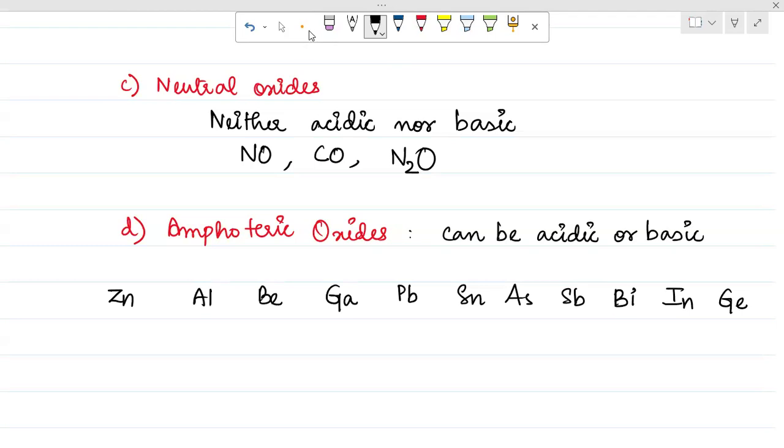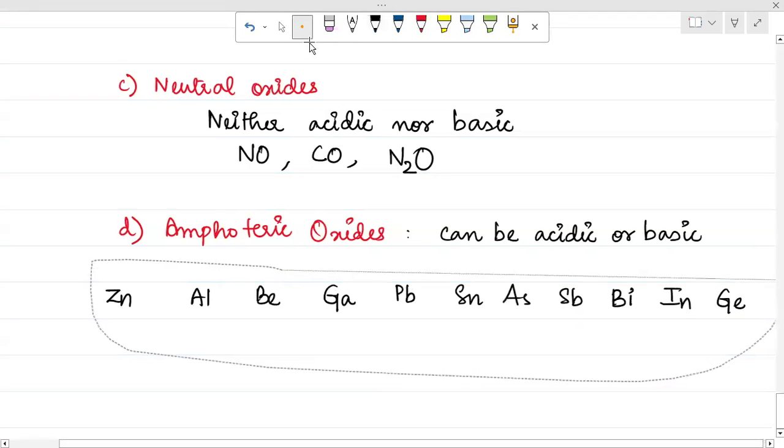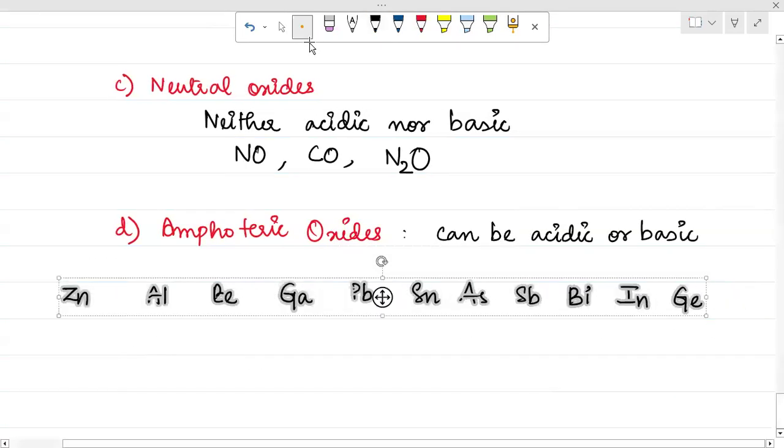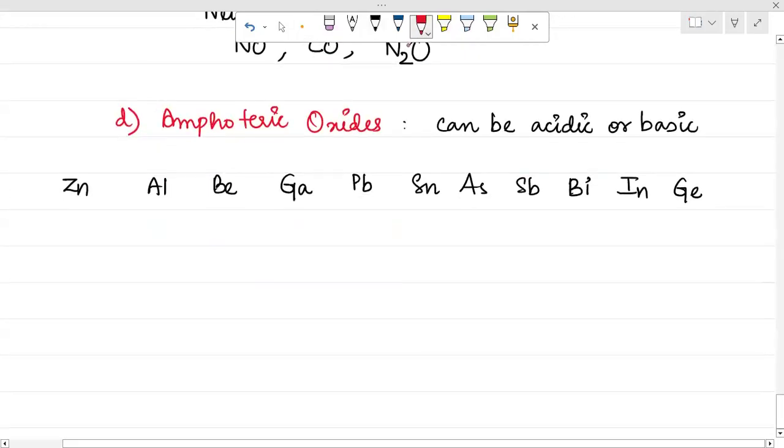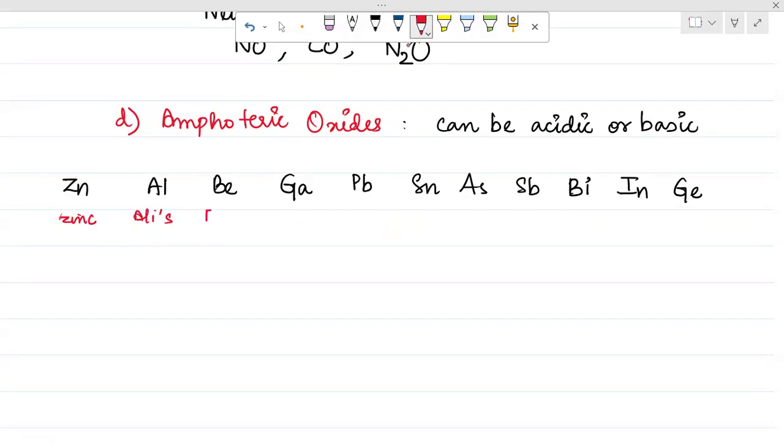I have a code for this. If you can learn it like this, please learn it like this. Otherwise, learn the code. The code is: zinc, Ali, bear, gave, peanut, snacks, peanut snacks. That's it.